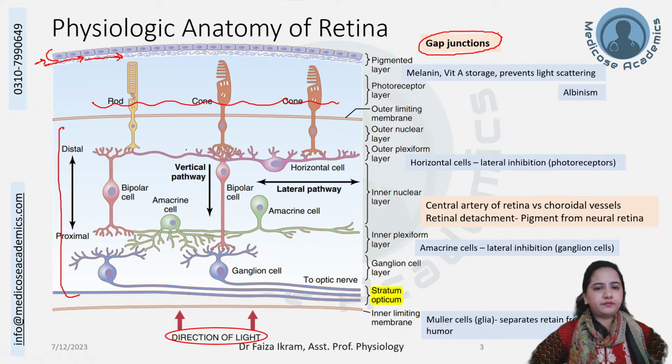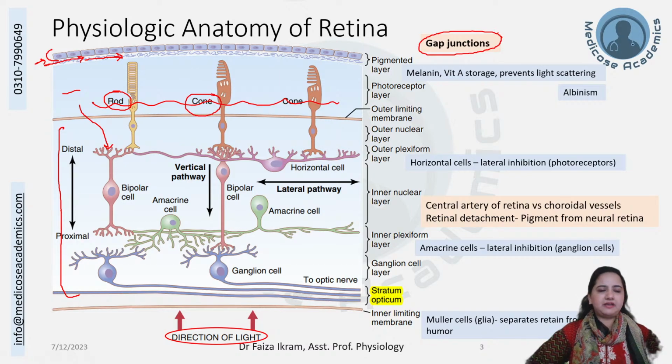Whereas in the periphery of the retina, specifically for the rods, many rods converge on a single bipolar cell which sends the message to the ganglion cells. That increases the sensitivity of rods but decreases the acuity. The one-on-one communication of cones with the bipolar cells at the level of fovea increases its acuity at the expense of its sensitivity.